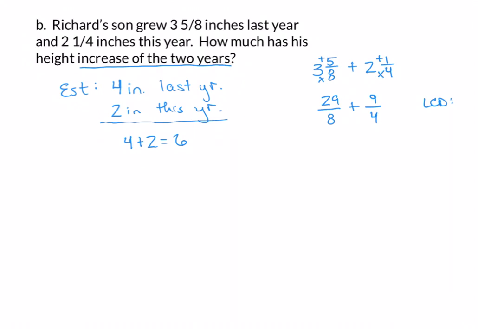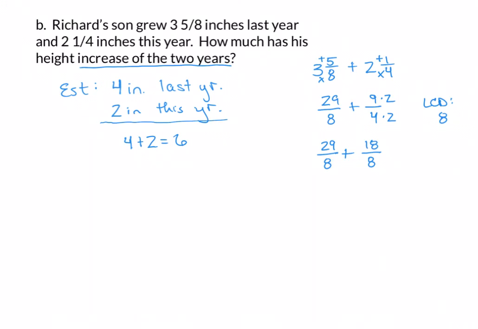LCD, the smallest number divisible by 8 and 4 is 8. So 29 over 8, that can stay the same. To get from 4 to 8, we want to multiply by 2. And we get 18 over 8.